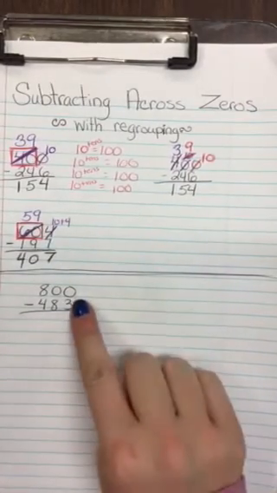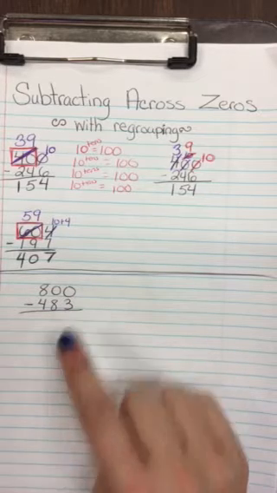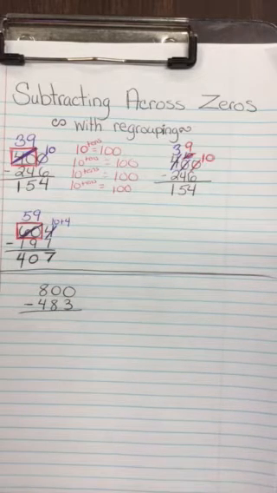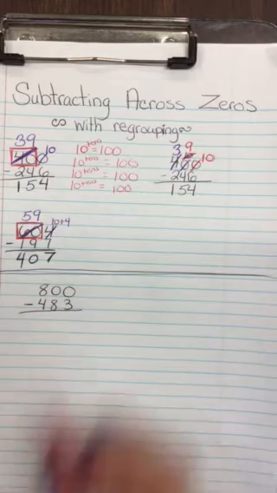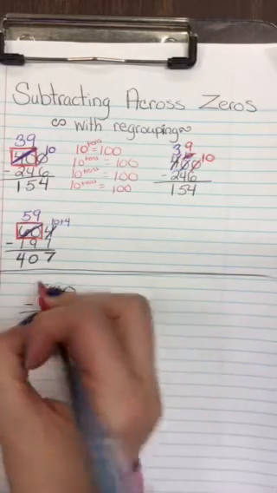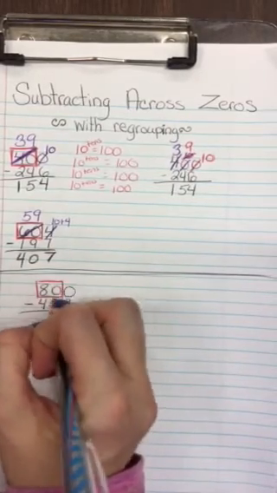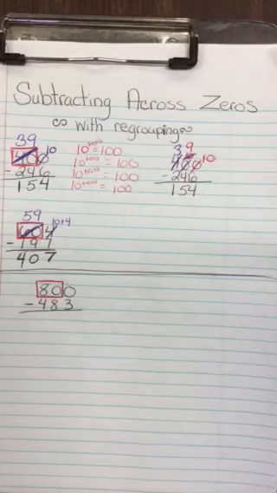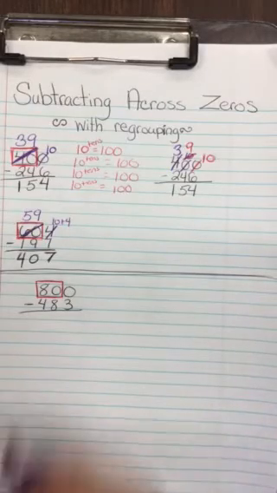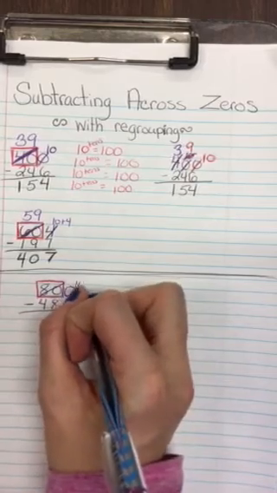So let's think about 800 first. 800 is the same thing as 80 tens because there are 10 tens in 100. So I'm looking and I don't have anything in the ones place to be able to take away, so I'm going to box in 80 tens, and I'm going to regroup one of those 80 tens to be ones.